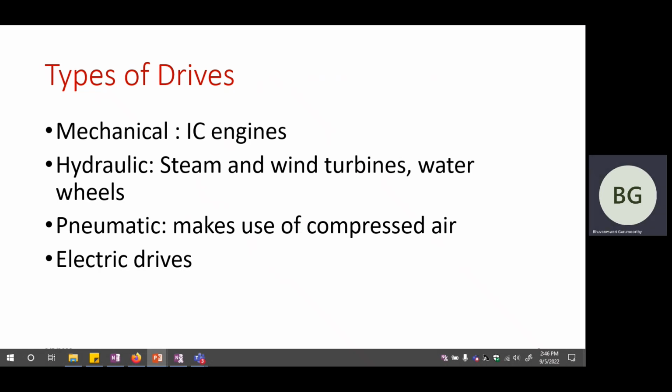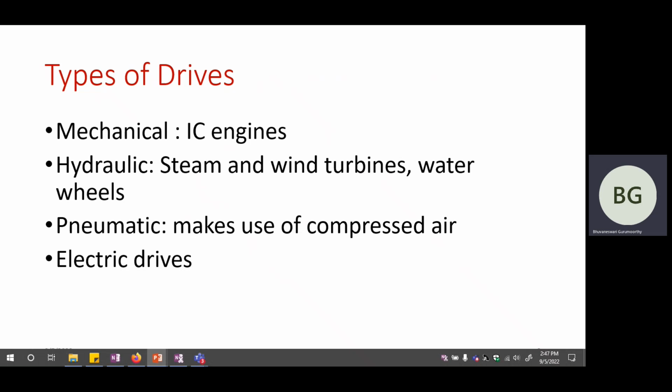So the kind of carbon dioxide emission, carcinogens, all those things, they are well known. The harm done by them are well known. So IC engines are one of the drives that are available. They are quite easily controllable, but definitely not as accurately controllable as what electric drives could be. So mechanical drives are very commonly available.